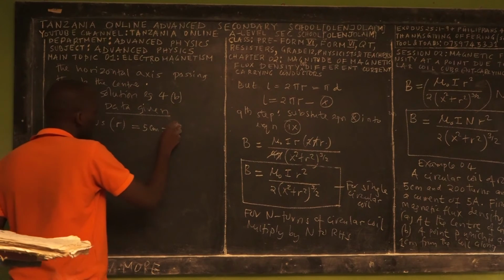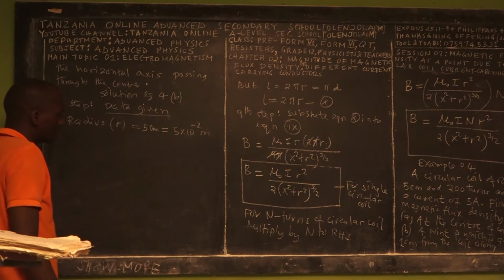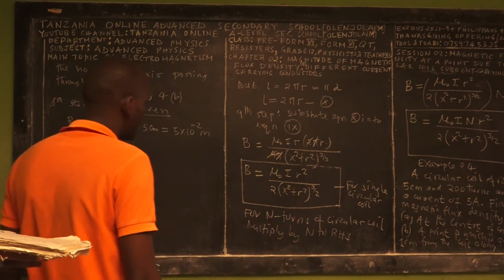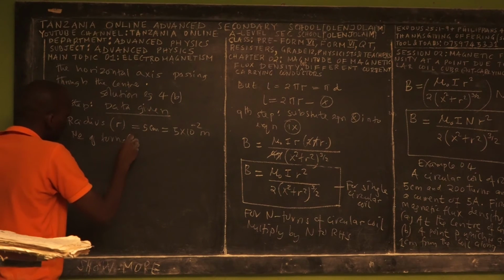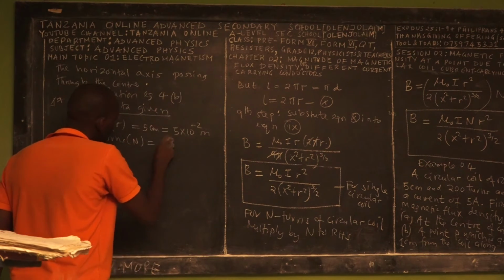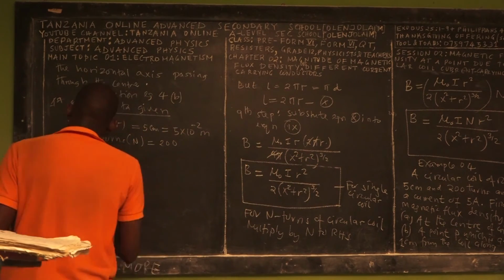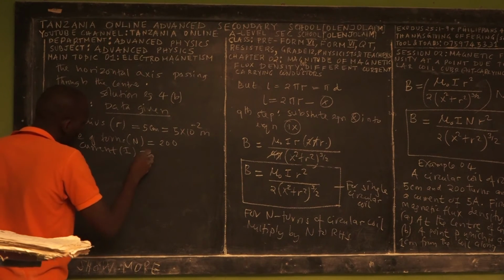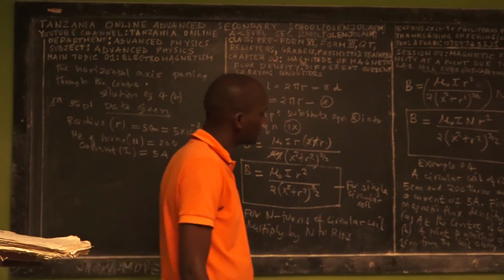You can change into SI unit to be careful, so it's 5 times 10 to the negative 2 meter. Then we have number of turns N equal to 200, and carries a current of 5 ampere.